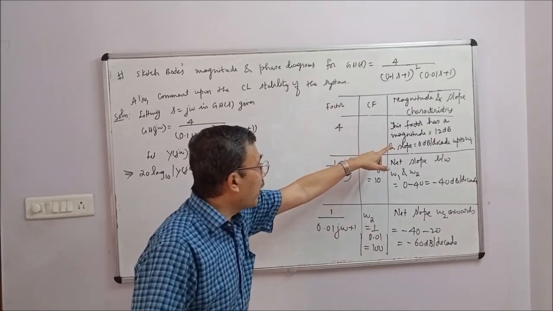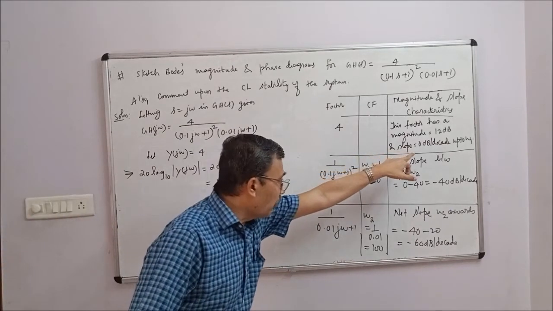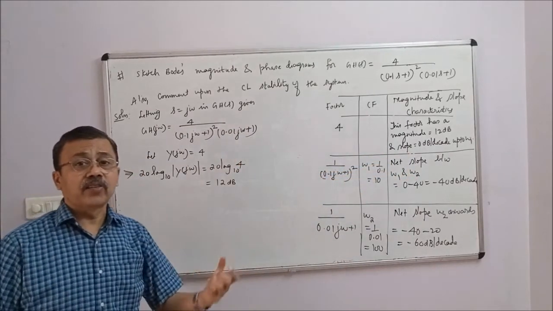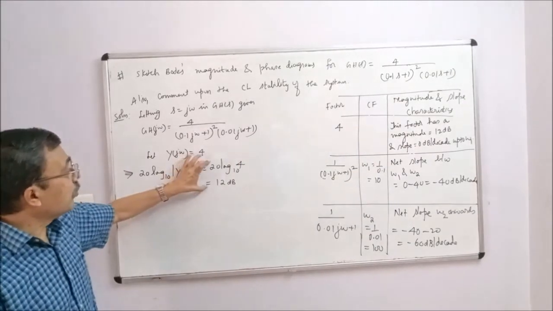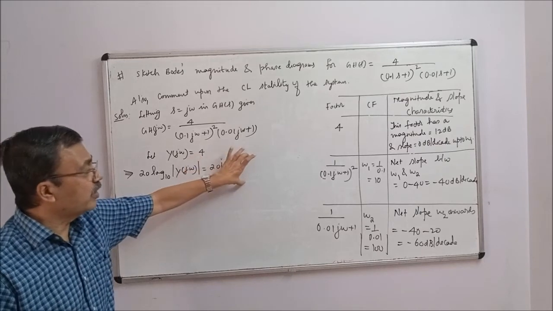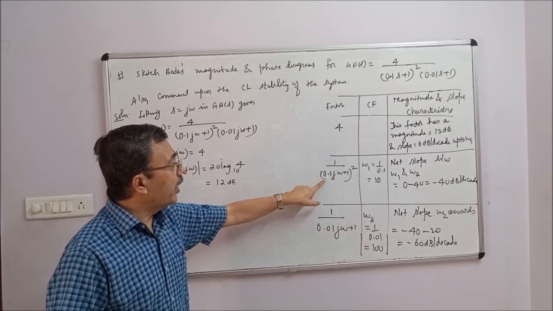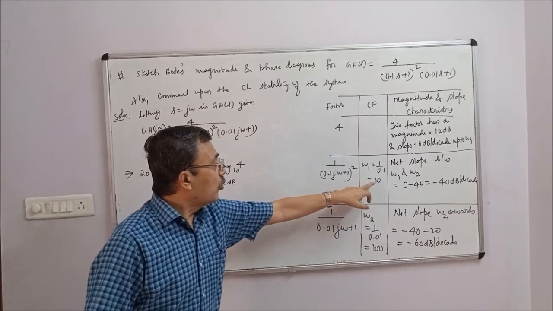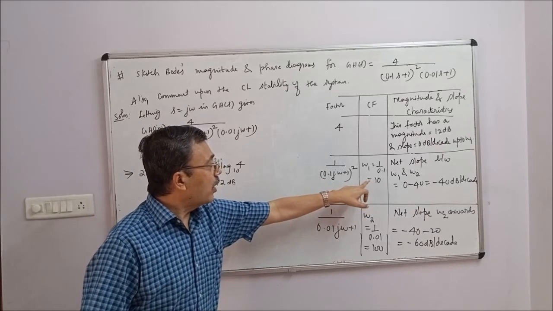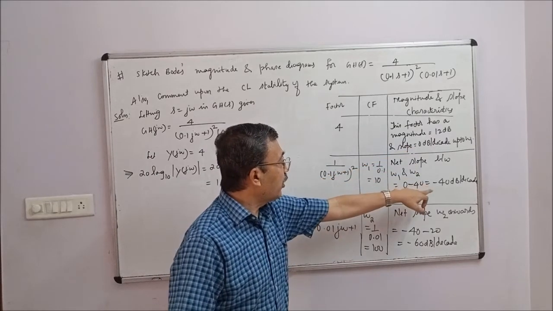This factor has a magnitude equal to 12 dB, written from here. Slope equal to 0 decibels per decade. Why is the slope 0 decibels per decade? Because there is no log omega term in this expression. Then this will contribute a slope of minus 40 at omega equal to 10. To the previous slope you add minus 40, you get minus 40.